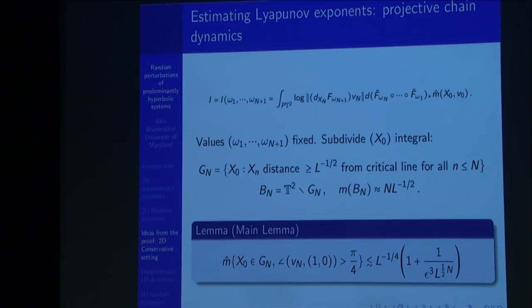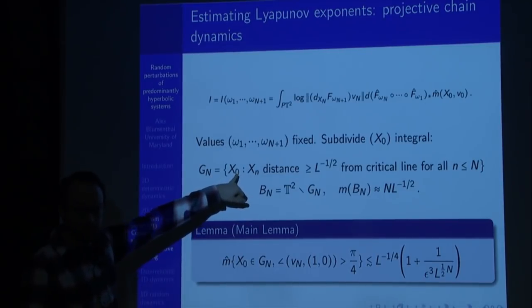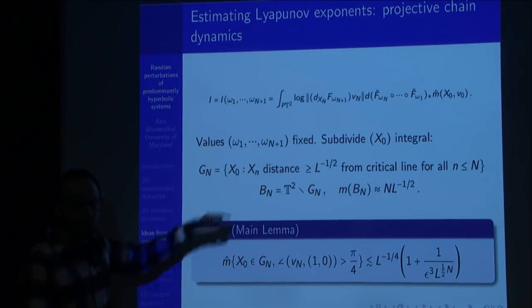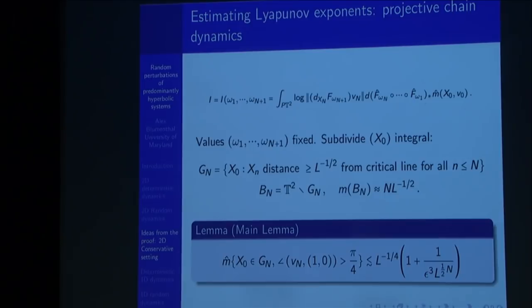Obviously, if I take n to infinity, this blows up in my face. But if I fix n to be on the order of root L, or the fourth power of L, okay, then most points avoid the critical set, okay? So I'm completely ignoring all elliptic islands. I'm just dropping them. I'm throwing them out, okay?